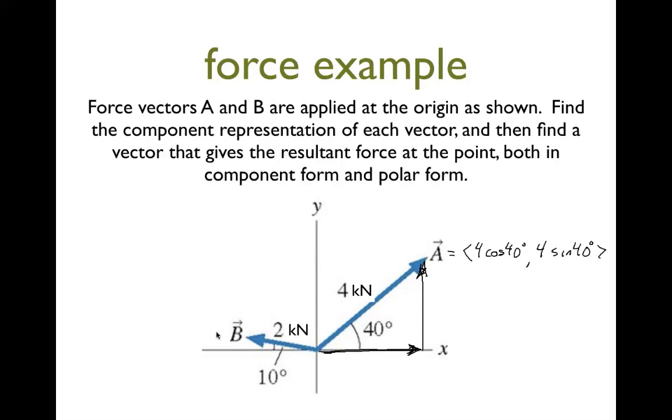Okay, how about B? So is B 2 cosine 10, 2 sine 10? Is that right? No. Someone said no, it's not in the first quadrant. I think it should be 2 cosine of 170 degrees. Right.